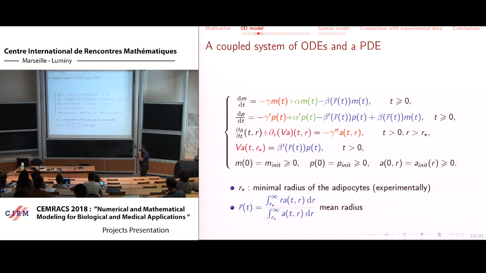Here R star is the minimal radius I told you about. At R star, the new adipocytes are the pre-adipocytes that differentiated. That's pretty logical, I guess. Of course, we have initial conditions. Furthermore, here is an expression of the mean radius. Okay, so here's a coupled system of ODEs and a PDE.